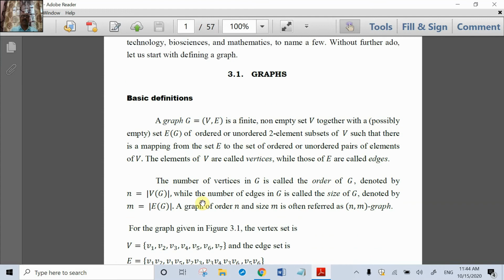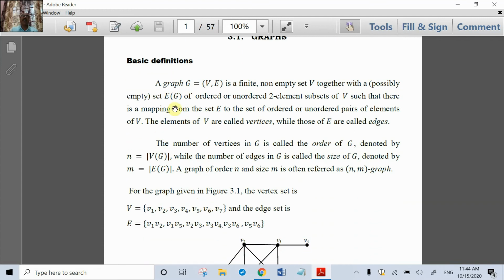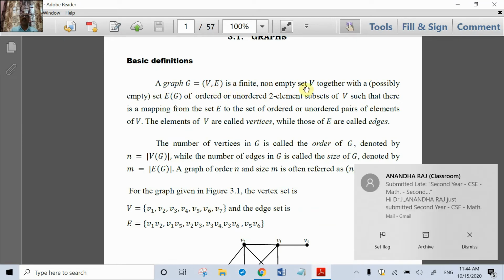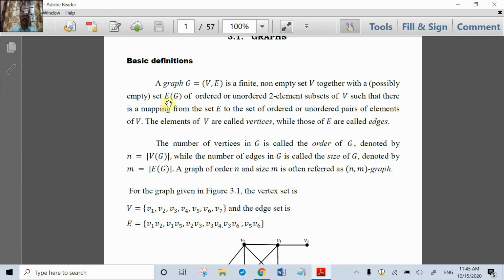Now see, what is a graph? That is the question. A graph consists of a pair G equal to (V, E), a finite non-empty set V together with a possibly empty set E of G of ordered or unordered two element subsets of V, such that there is a mapping from the set E to the set of ordered or unordered pairs of the elements of V. The elements of V are called vertices while those of E are called edges.